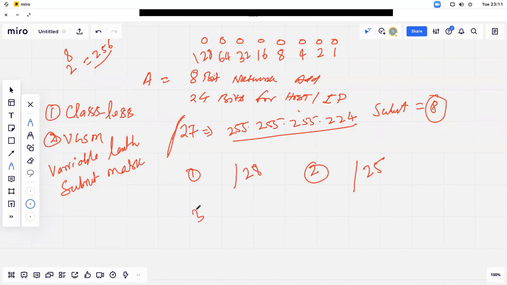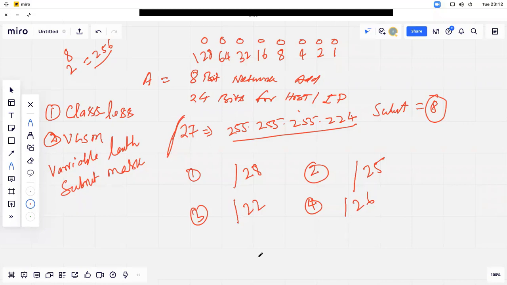The third question is to create a network of /22. And the fourth question is to calculate a network address of /26.